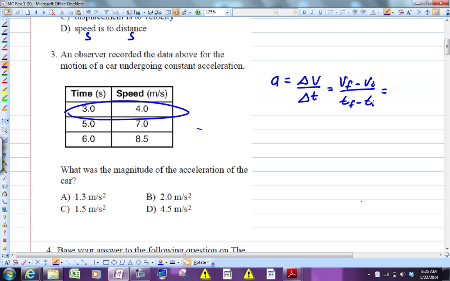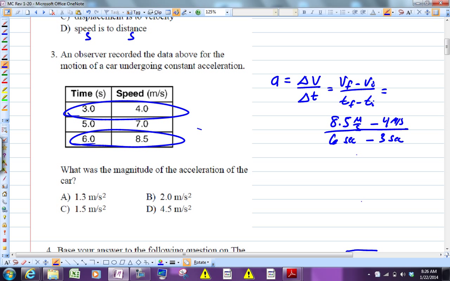So let's say we take this row and this row. Final velocity is going to be 8.5 meters per second. The initial velocity is 4 meters per second. The final time is 6 seconds. The initial time is 3 seconds.